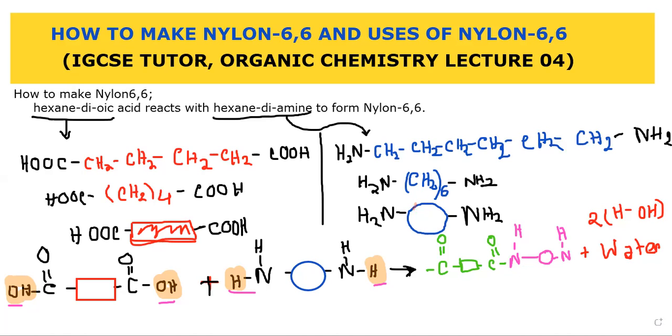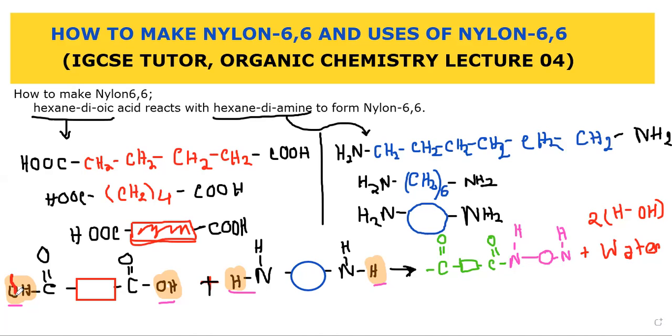Next, we have joined the hexane dioic and hexane diamine in their displayed structure. Here we have hexane dioic and here we have hexane diamine. We have just joined them up. Here is the trick. What is the trick?